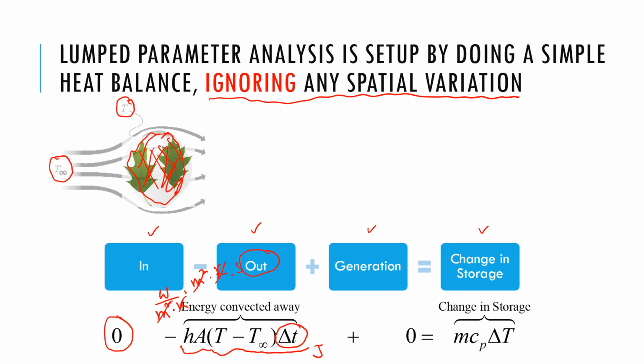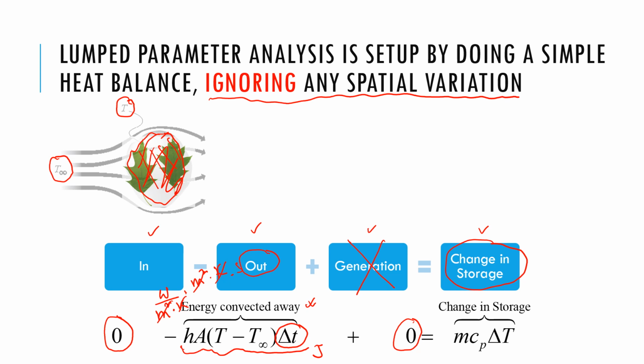And for now, let's consider no generation. So generation is 0. And because energy was lost, there's going to be a change in storage, or a change in temperature.